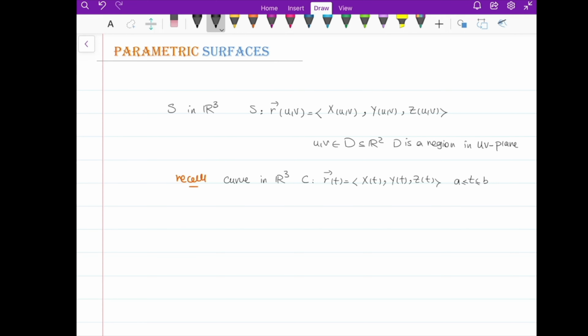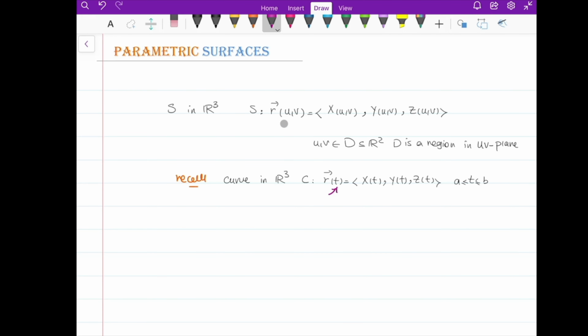Just basically real numbers. Okay, so a curve has just 1 degree of freedom, so that's why we just use one parameter to parameterize a curve.